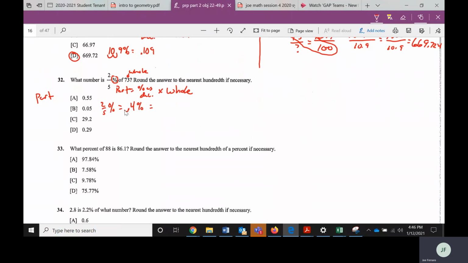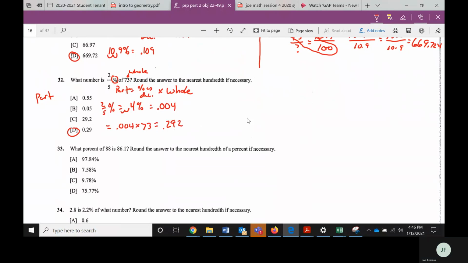So we're going to go 1, 2. So we get 0.004. So that's the decimal we use. So now take 0.004 times the whole, which is 73, and we get 0.292. We round, that's 0.29.